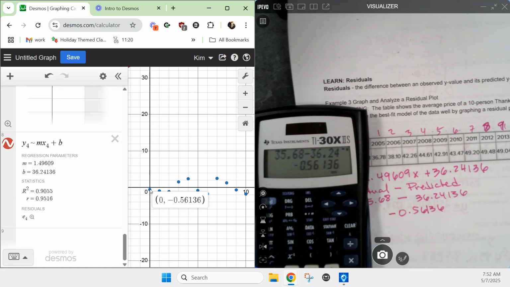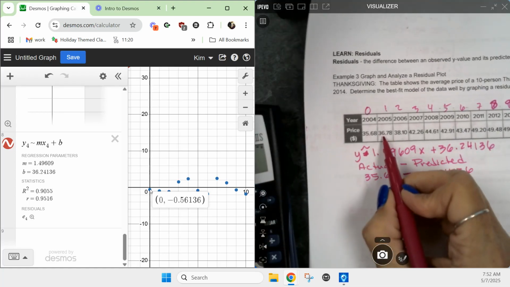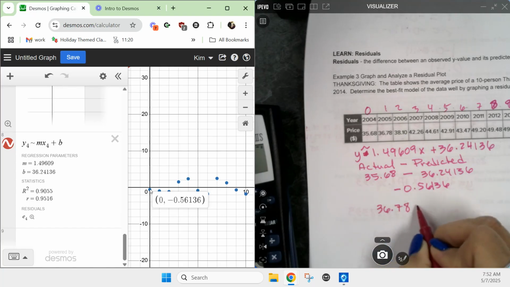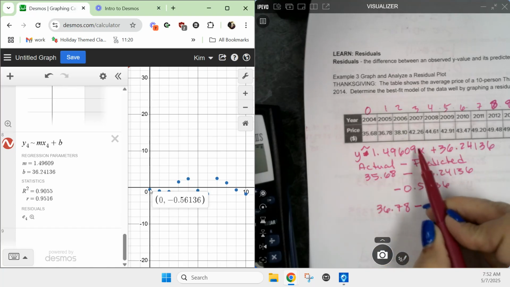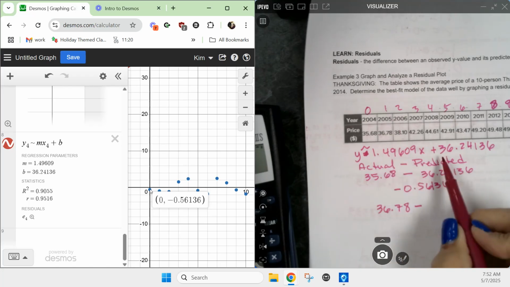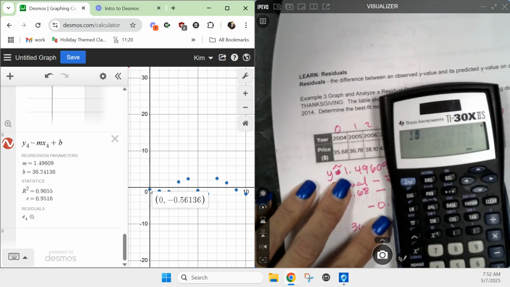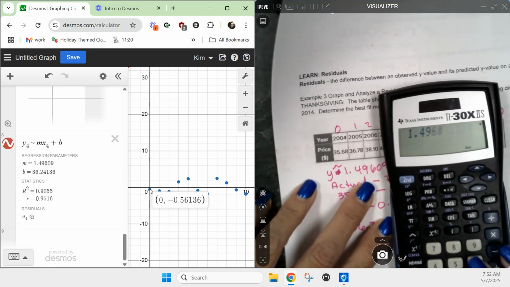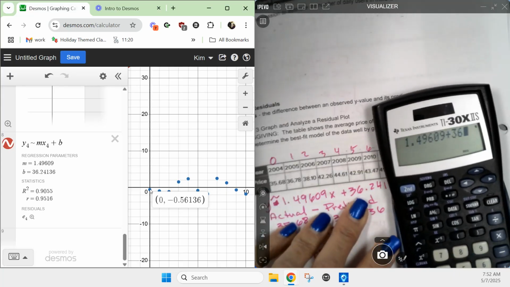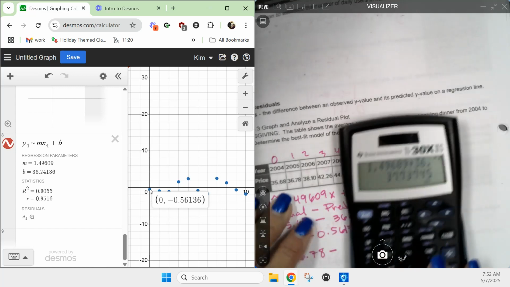So again, what you do is you take the actual amount, which is 36.78, and then remember, if I'm plugging in 1, all I need to do is add these two numbers to get my predicted. So 1.49609 plus 36.24136, and that's the number I get.